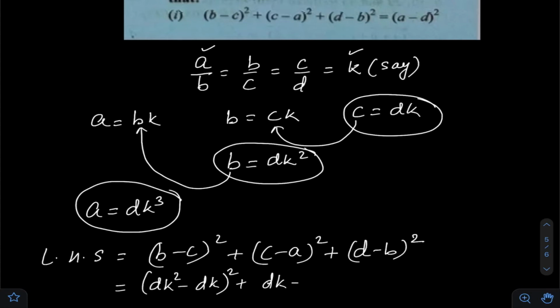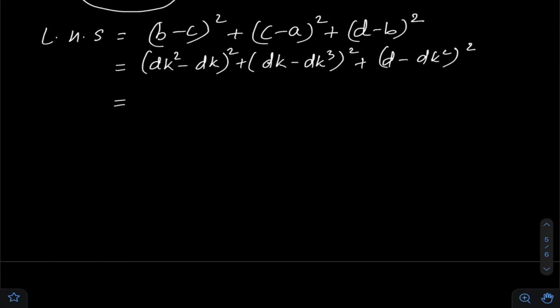What is the value of a? (dk cube) whole square, plus what is the value of d? d you have to put as it is, and the value of b is (dk square) whole square. Now d is coming common, it will be d square. k is also coming common, it will be k square. Then what is left inside? It will be (k minus 1) whole square.